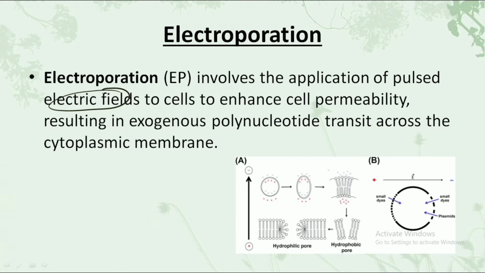Why? Because these electric fields enhance the cell permeability, and as a result, the cytoplasmic membrane could allow the DNA that we want to inject into the target cell. So this is the basis of how the electroporation occurs. I am not going into the complete detail of how this complete process occurs.